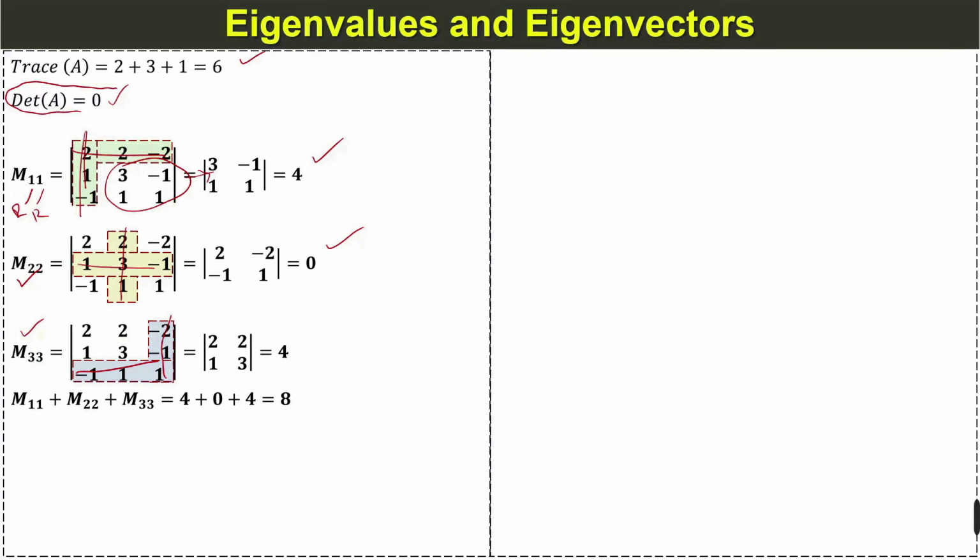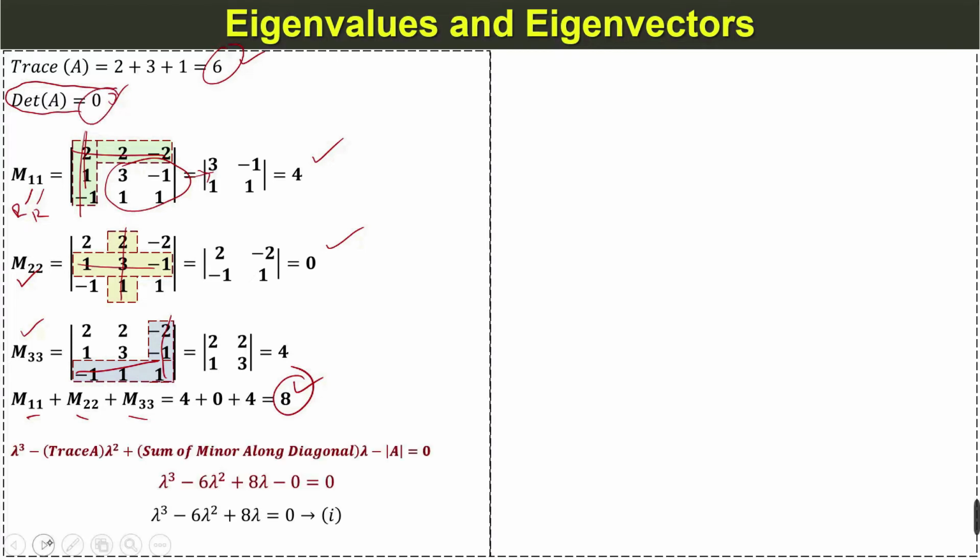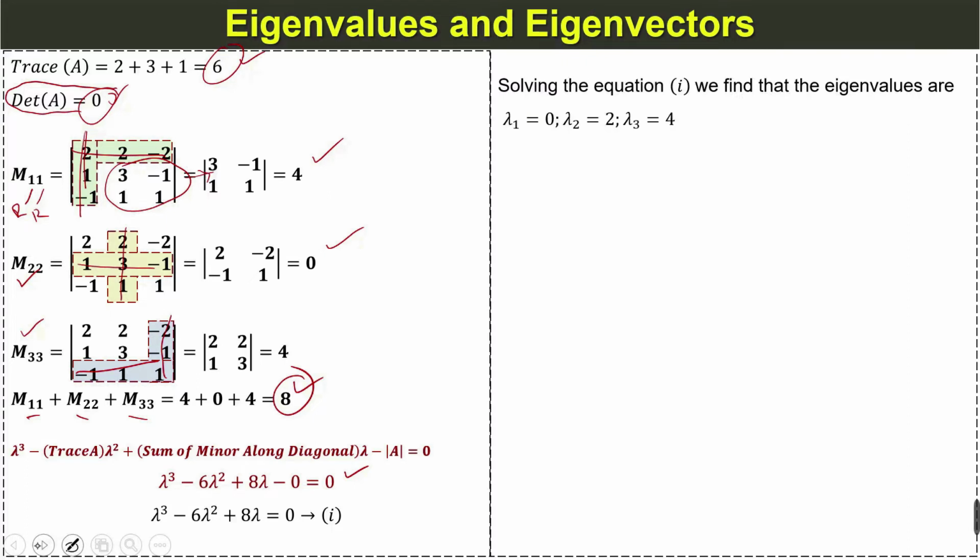After summing M11, M22 and M33 we get the sum of minors along the diagonal. We substitute all these into the equation, and we get this equation. Simplifying it, we solve equation 1.